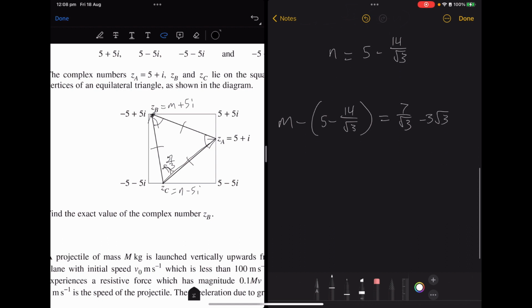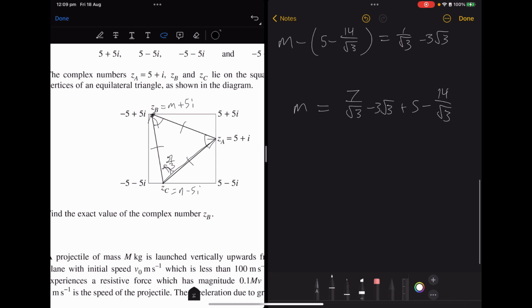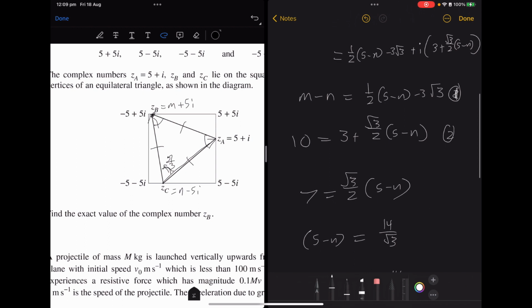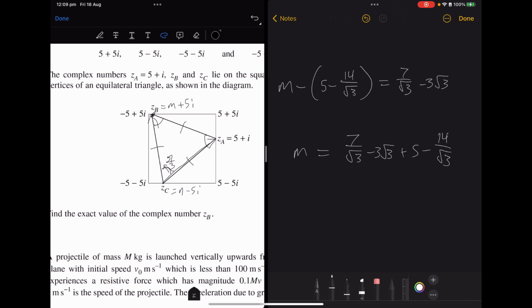Rewriting that again, m is equal to 7 over root 3 minus 3 root 3 plus 5 minus 14 over root 3. Therefore, m is equivalent to 5 minus 7 over root 3 minus 3 root 3.